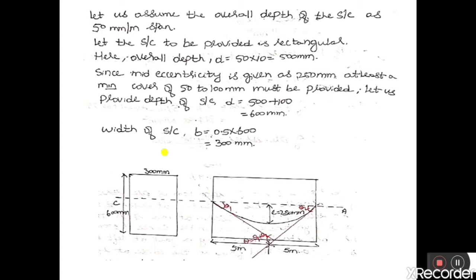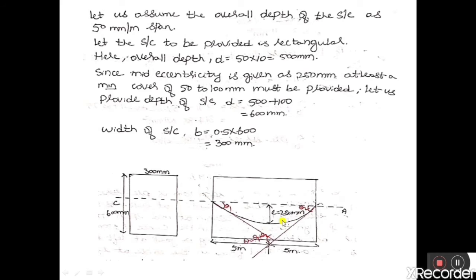When the force travels from this end to this end, there is a loss of pre-stressing force due to friction developed between the surface of ducts and the cables. So here the friction will be developed between the cable and the duct, and due to this friction there is a loss of initial pre-stressing force.